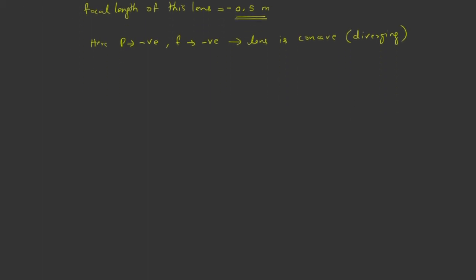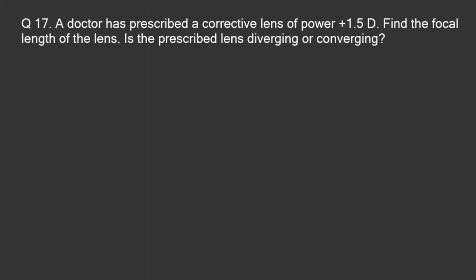Now we are going to solve another numerical problem, that is question number 17 in the exercise. A doctor has prescribed a corrective lens of power plus 1.5 diopter. Find the focal length of the lens. Is the prescribed lens diverging or converging?